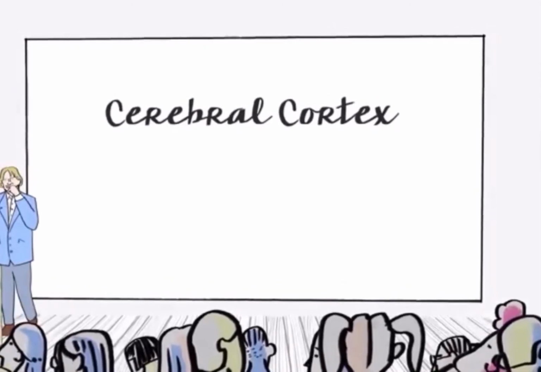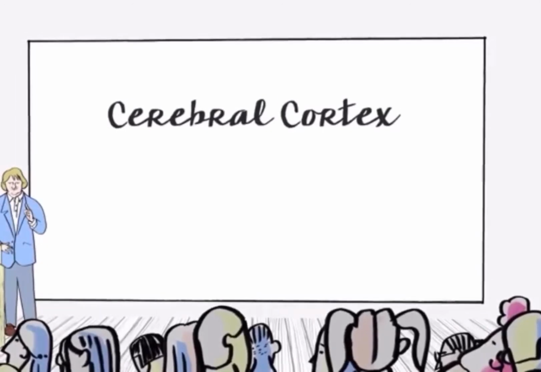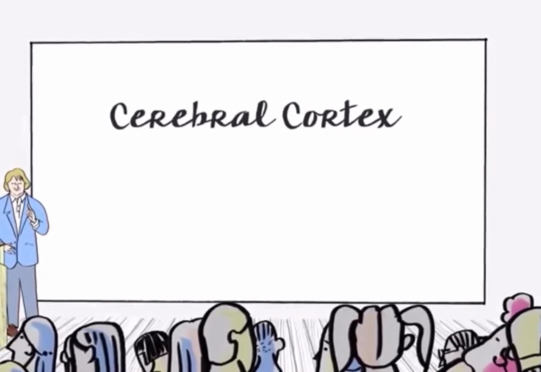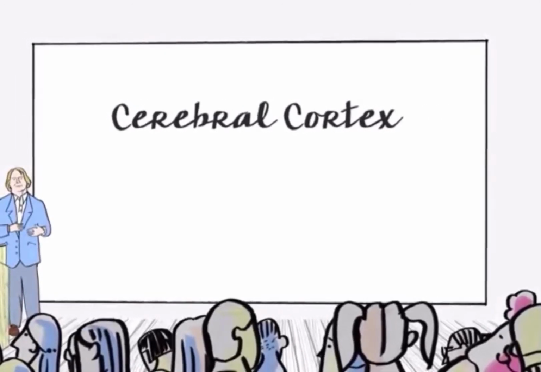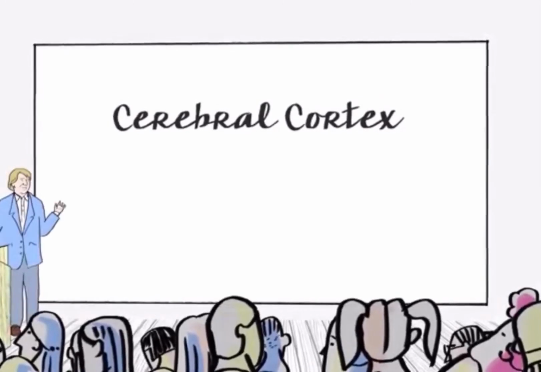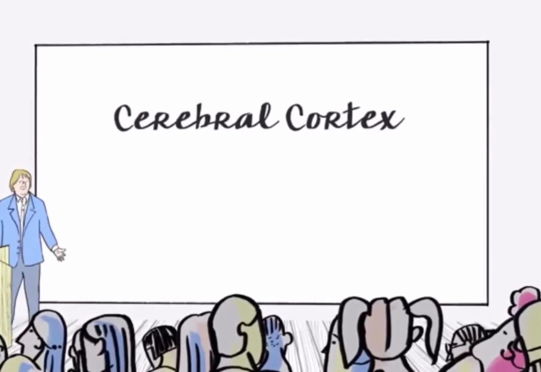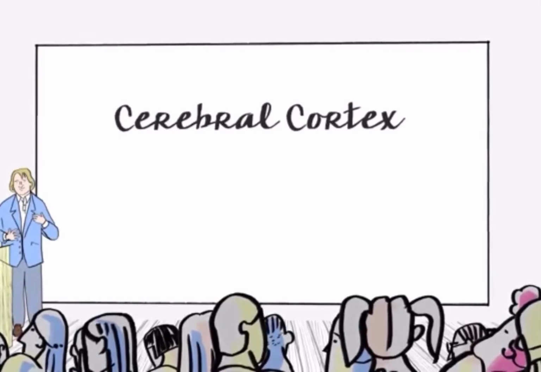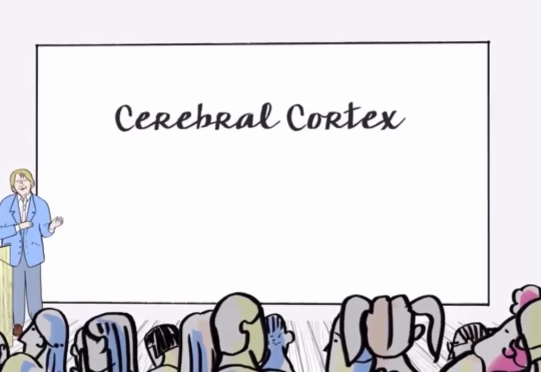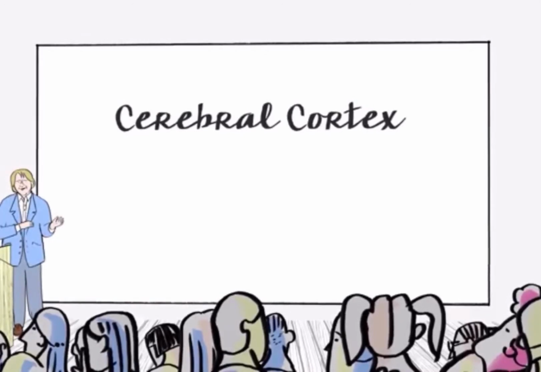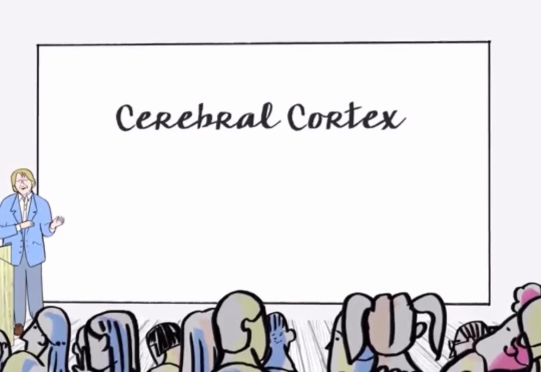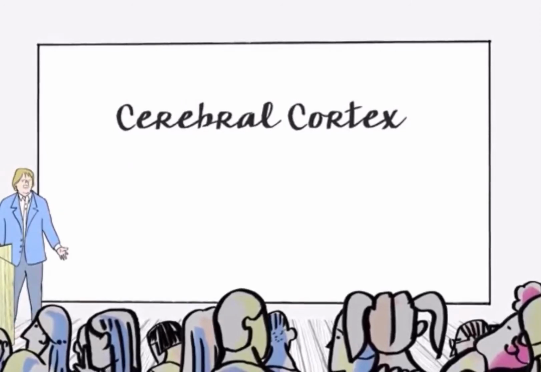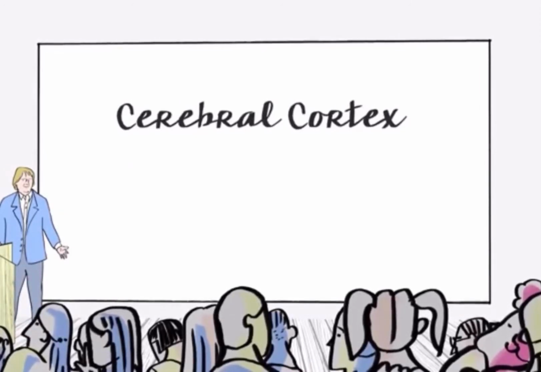Part of the cortex, the frontal area, is involved with the cool stuff, like language. The question now is how we know which part of the brain does what.